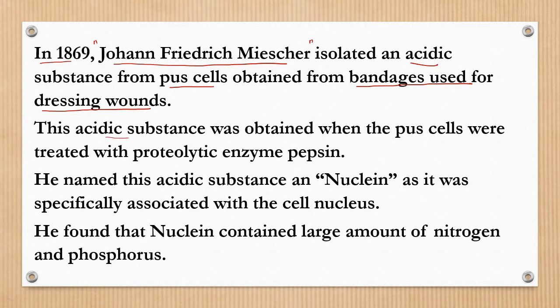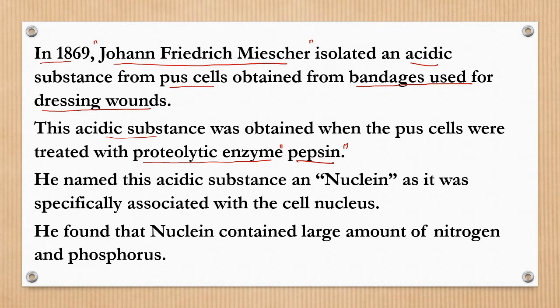This acidic substance was obtained when pus cells were treated with a proteolytic enzyme called pepsin. Proteolytic means protein breaking: the enzymes which break or digest proteins are called proteolytic enzymes.